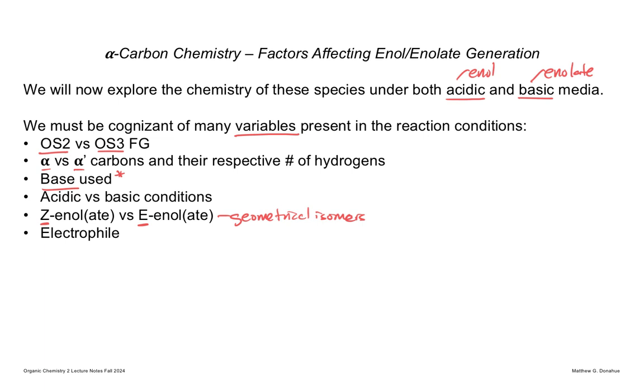And then ultimately the electrophile, whether it's going to go alkylation, aldol, or Claisen. And let me just further highlight, you're looking at the beta prime oxidation state to determine that.